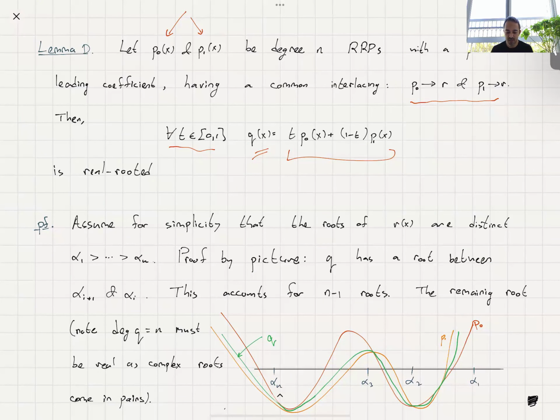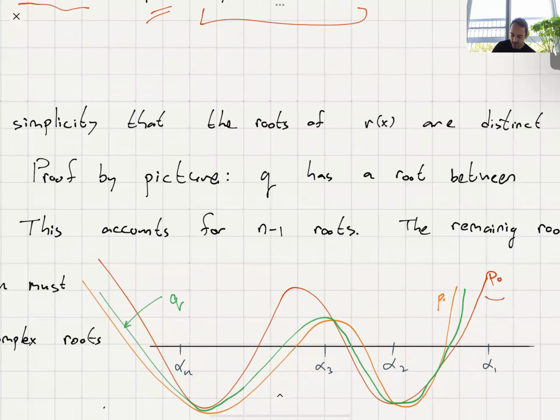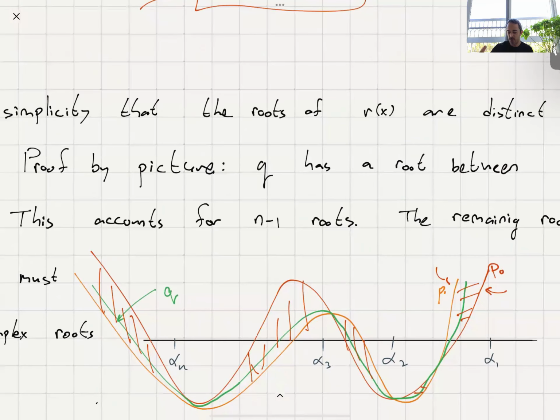So with that in mind, the proof is kind of trivial, because, look at the picture, it's a proof by picture, really. This is P0, and this is P1, and Pt, when t is between 0 and 1, always lies between this cone of these two polynomials, right? I don't know if it's a cone, but... Right, so, as t gets closer and closer to 1, you get closer and closer to P0, and so forth.